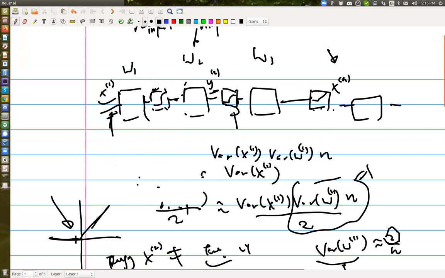Oftentimes I don't want to fall into the saturated region because, as we mentioned several times, backprop won't be able to pass back a non-zero gradient basically. So one way to ensure that is to control the range of my input just before the activation function, right?